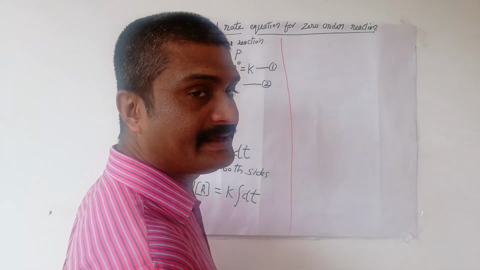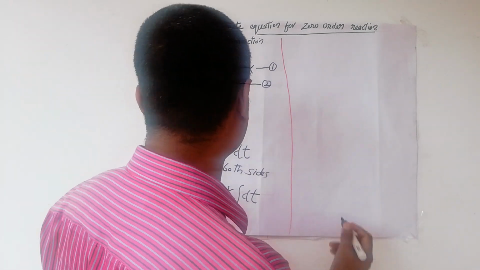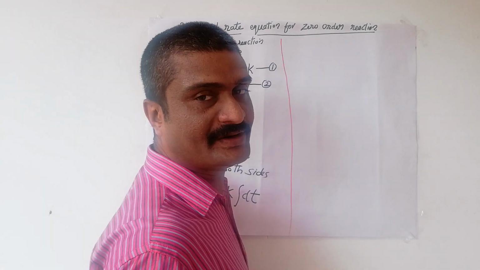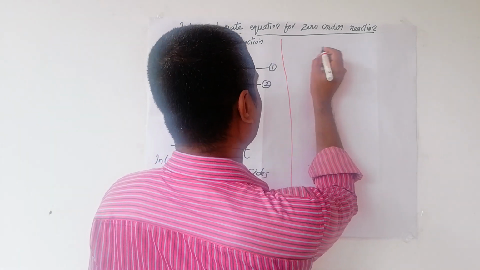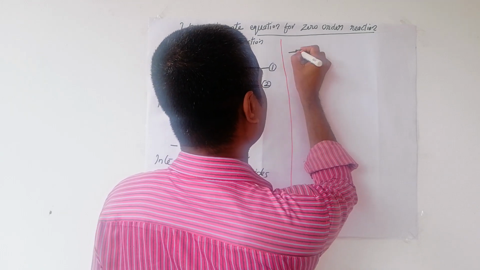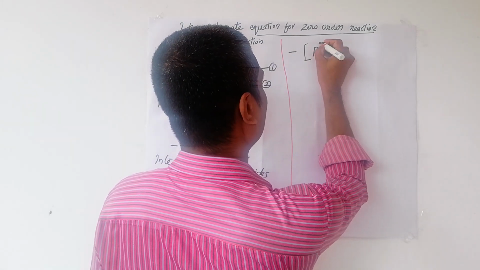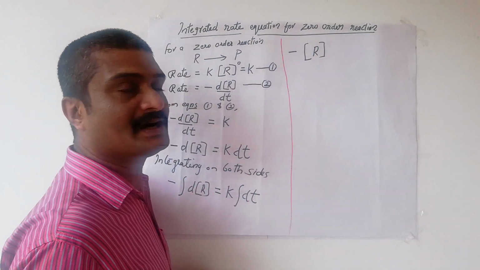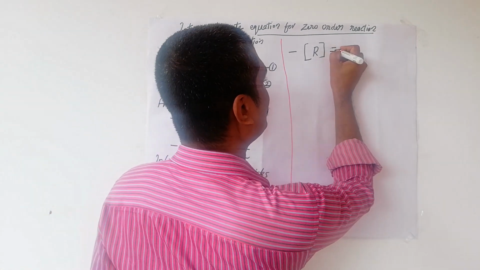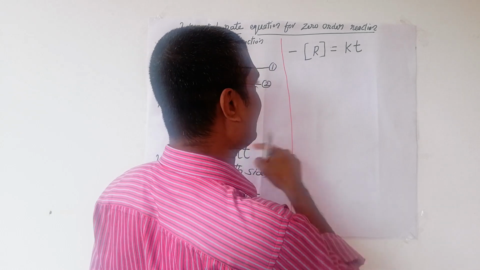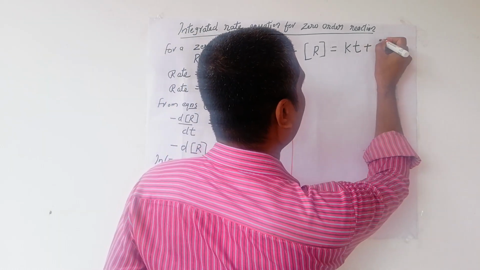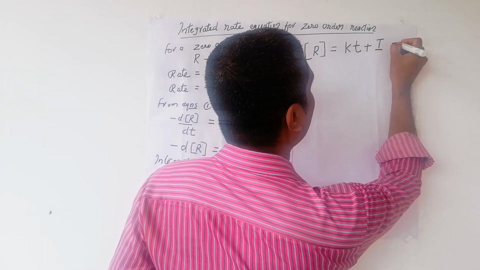Integral of dR is R. We know integral of dx equal to x, so integral of dR equals R. That is minus the molar concentration of reactant R is equal to K into integral of dt, which is t. K into t plus I.